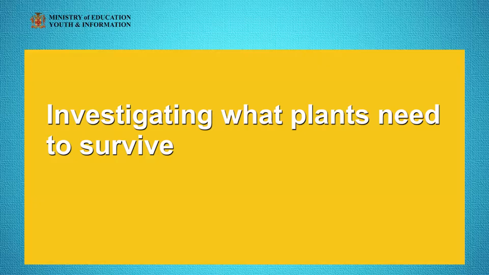Today in particular, we're looking at the needs of living things, and we're investigating, setting up an experiment to show what it is that plants need to survive. How would you go about designing an investigation such as this? What would you need?